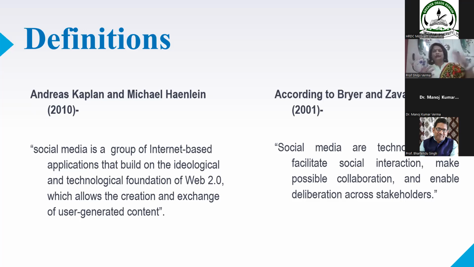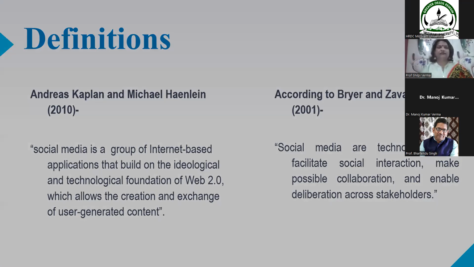Of course, it helps in creating social groups. It makes collaborations possible and enables deliberations across the stakeholders, meaning all the stakeholders on the user side are also responding and participating.